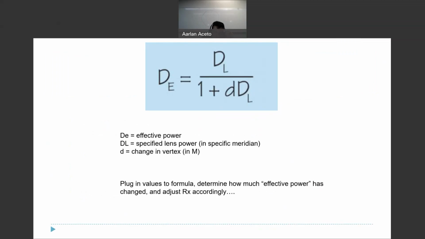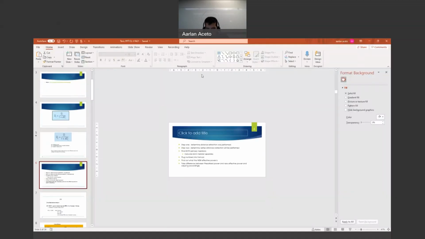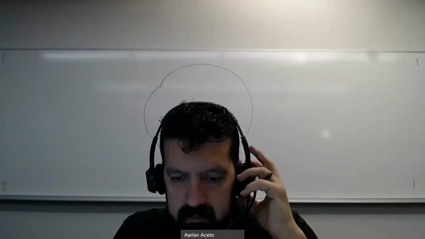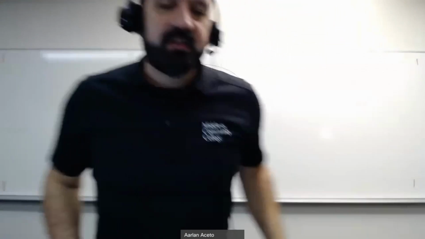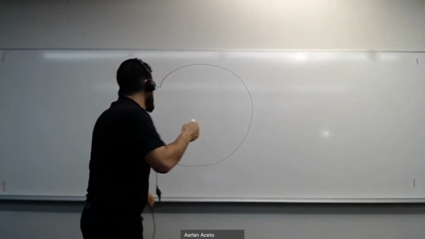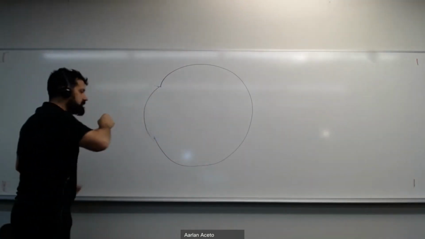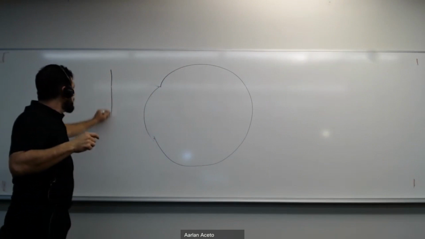So essentially, let me go to the board real quick. Let's stop sharing. And the way I like to try to remember this is as follows. And again, I apologize for the lighting, if you will. But if I have a lens and we prescribed it, it's a high plus.